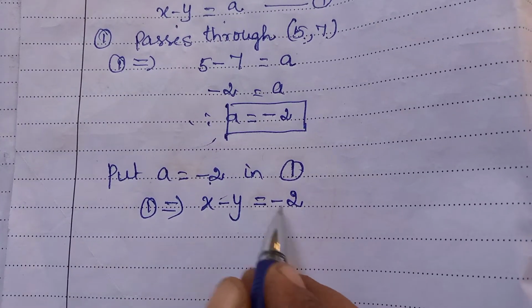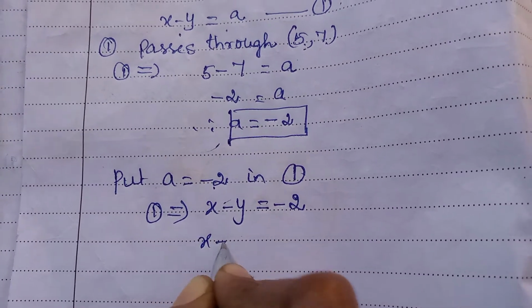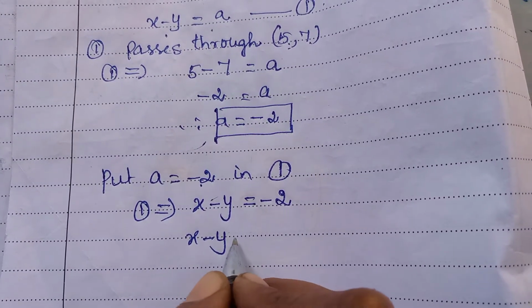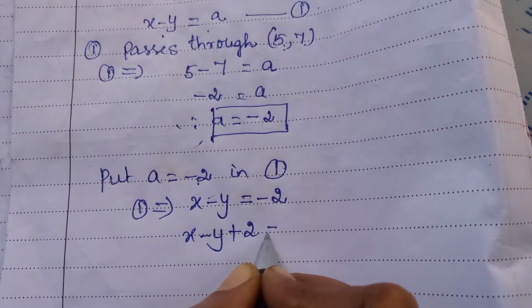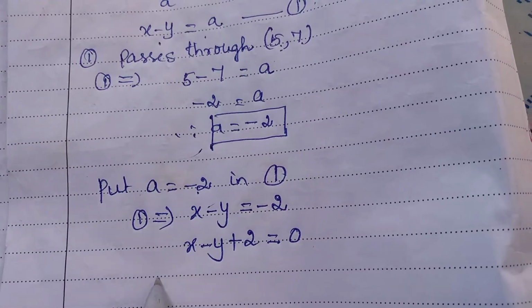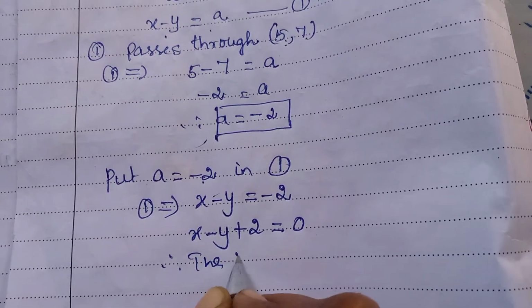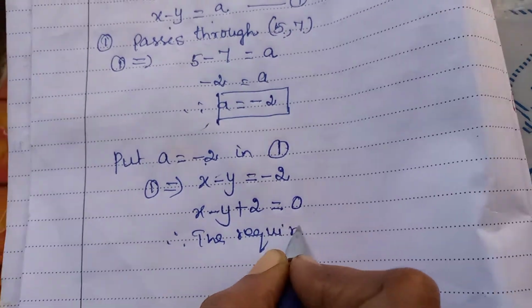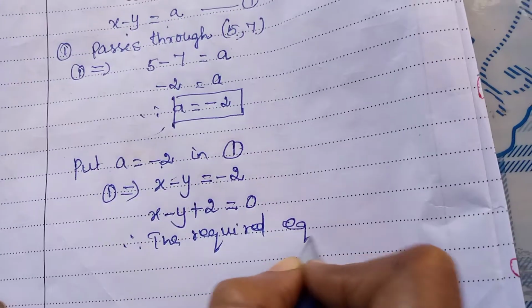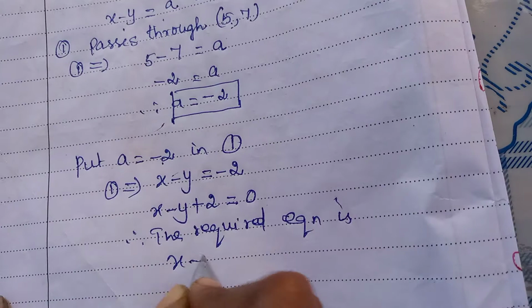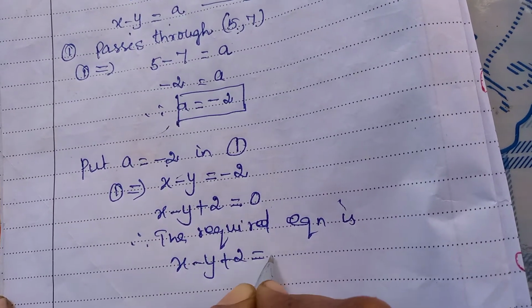This constant term we bring to this side, so we get x minus y plus 2 equal to 0. Therefore the required equation is x minus y plus 2 equal to 0.